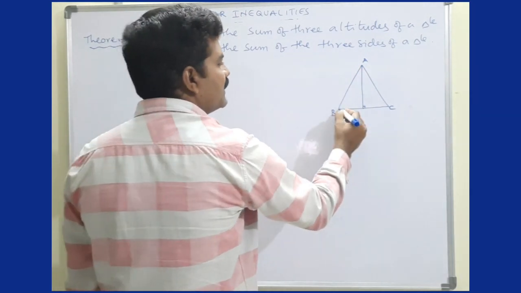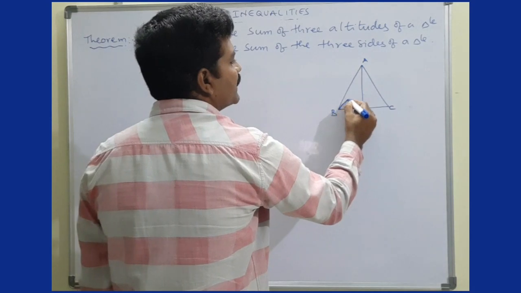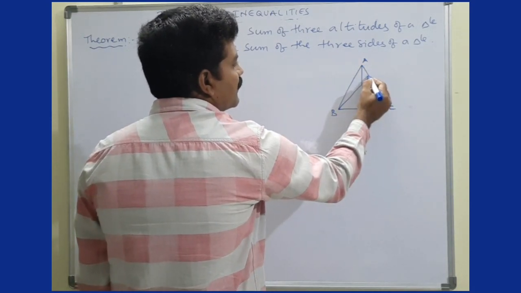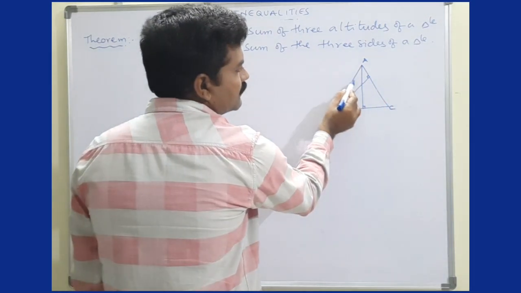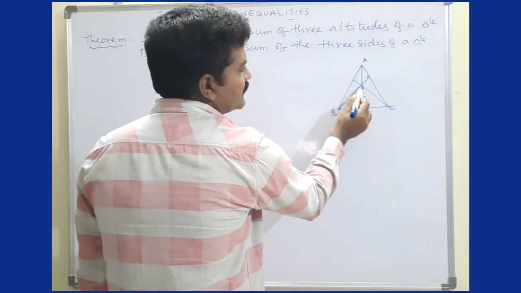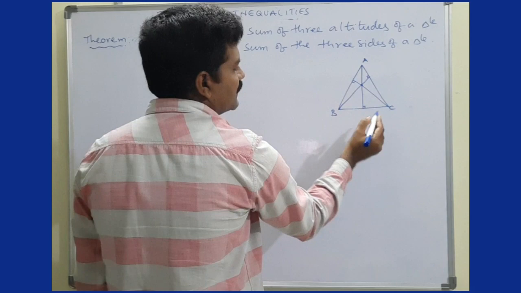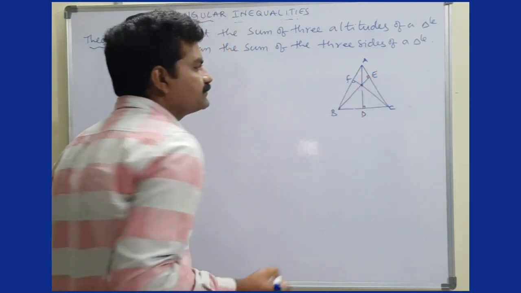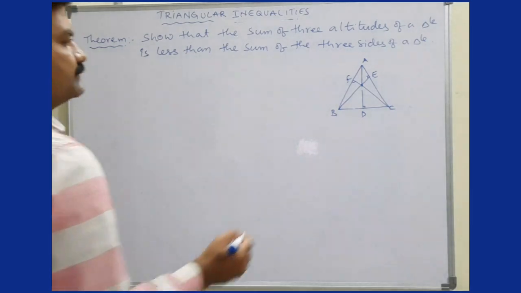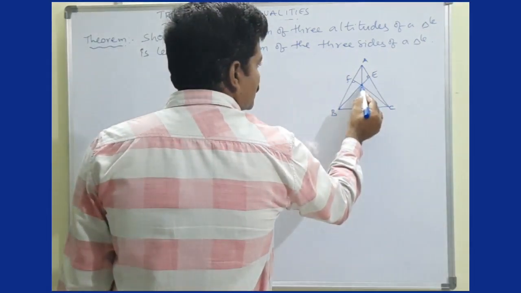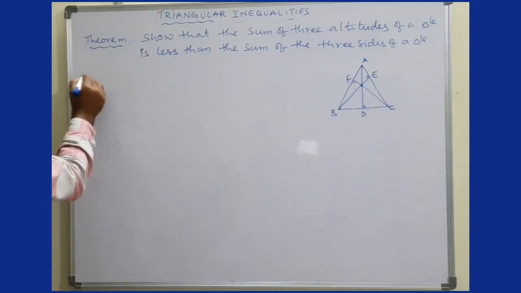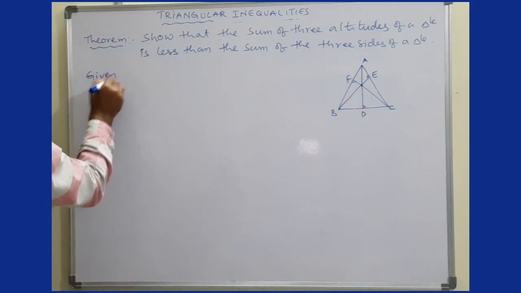In the same manner, draw the perpendicular from vertex B as well as the perpendicular from vertex C. Assume that they meet at D, E, F. So altitudes are nothing but perpendiculars.